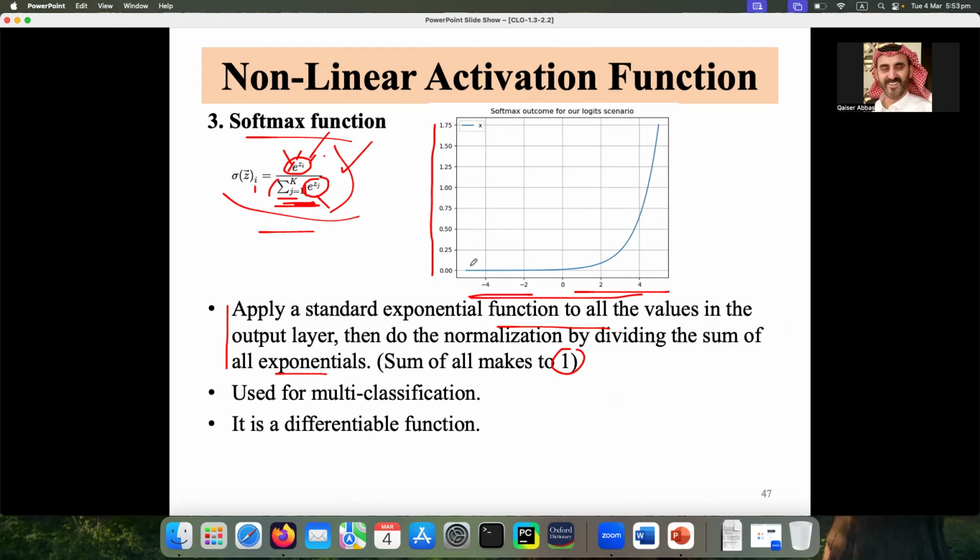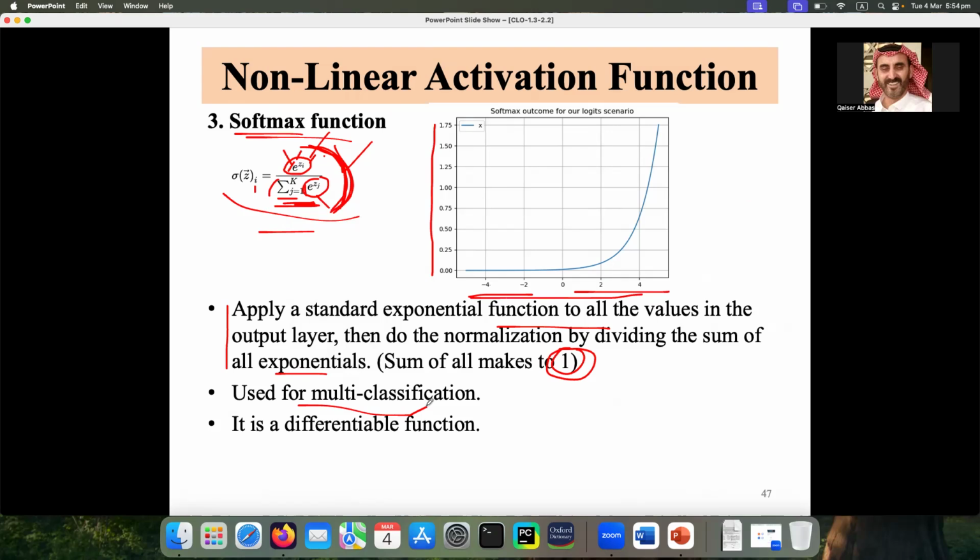So whatever values you get from this function are probability values, because when you sum them, it gives you 1. You can consider those values probabilities, and you can use softmax for multi-classification, not binary.